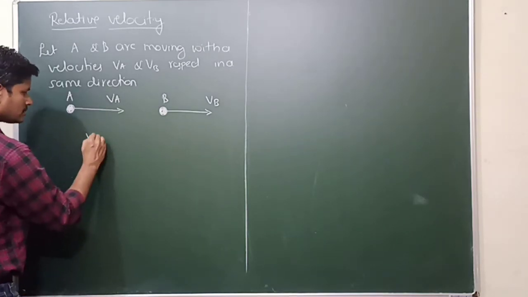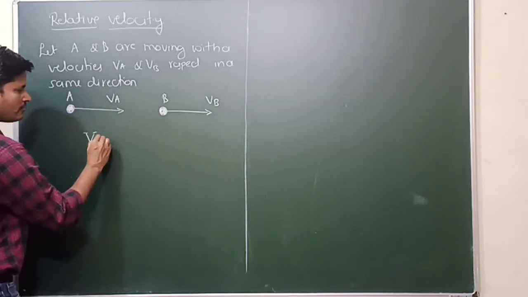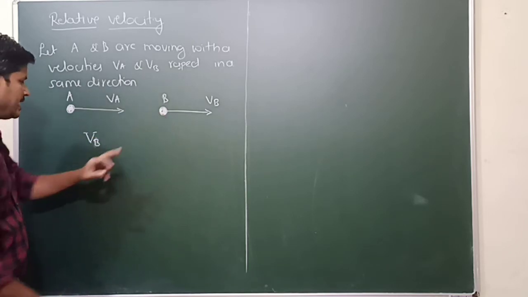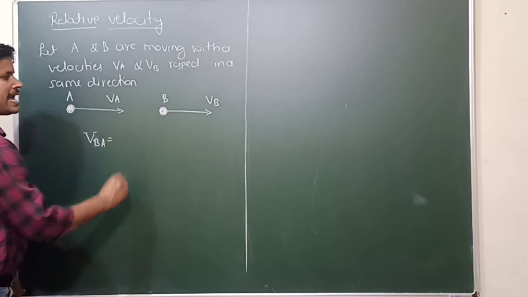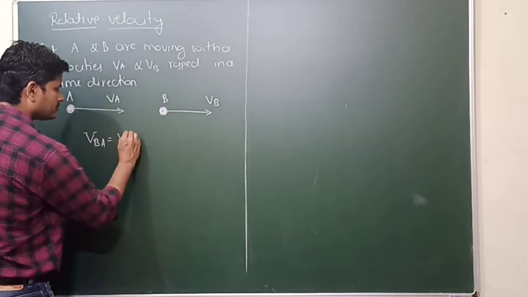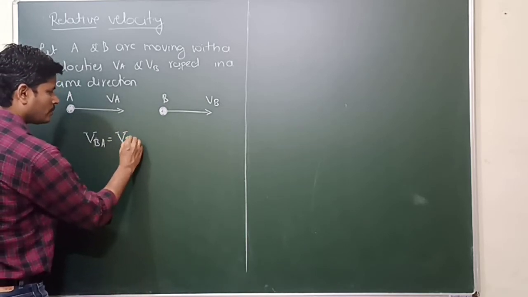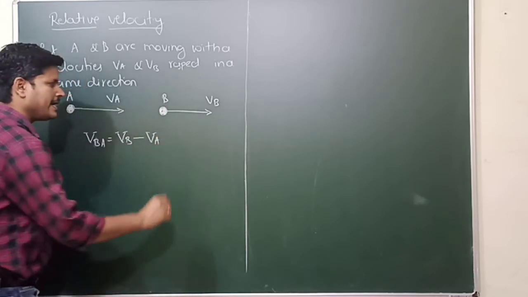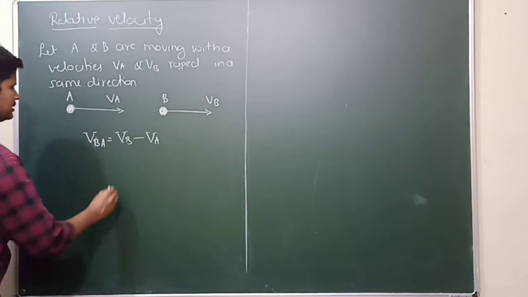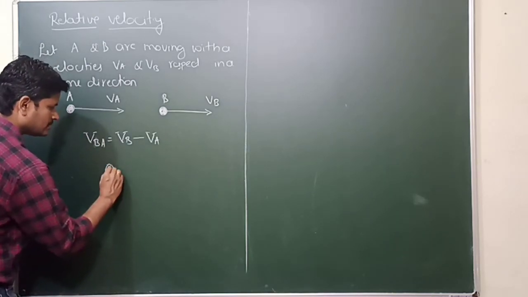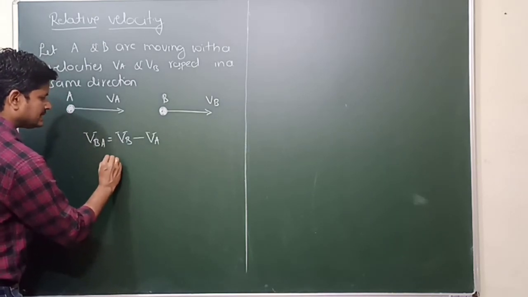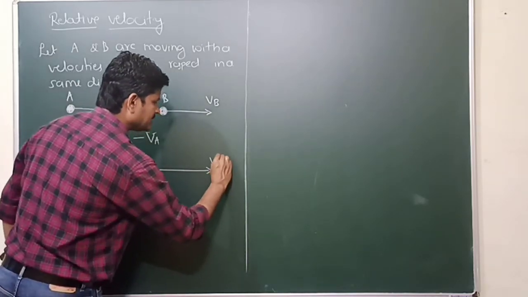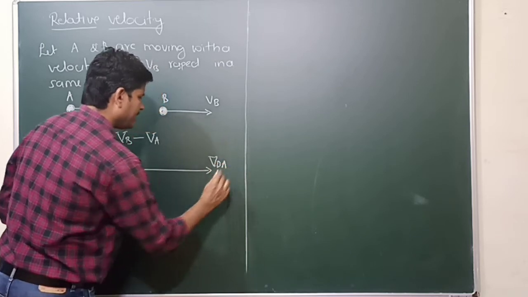Then the velocity of B with respect to A is VB minus VA. Then this AB object velocity increases with VBA.